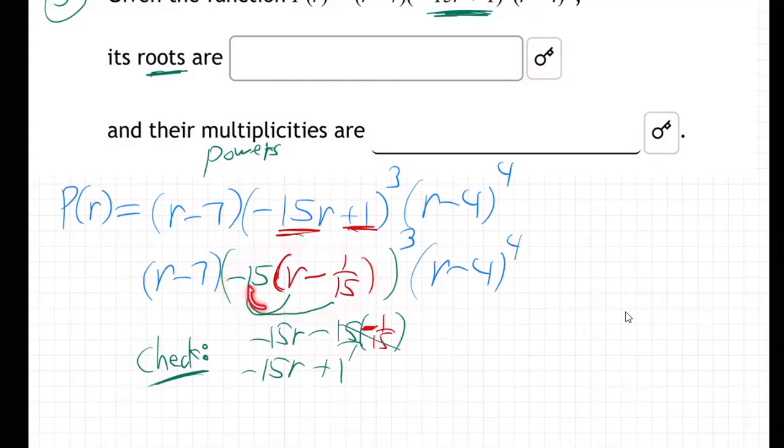So minus 15 times R, and minus times minus is plus, then the 15 goes into 15 to go back to plus 1, doesn't it? Everybody see that? So this has got to be minus 1/15 there, doesn't it?